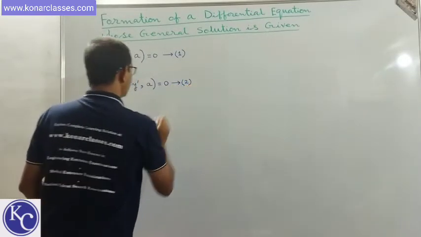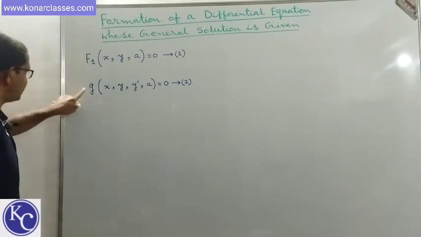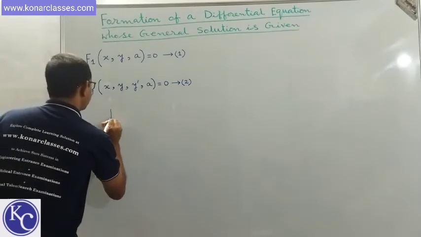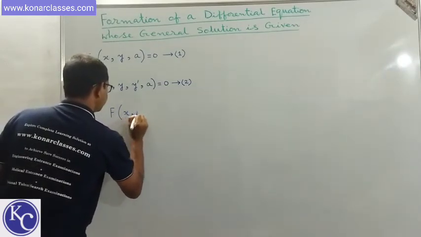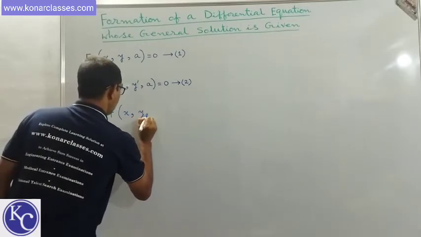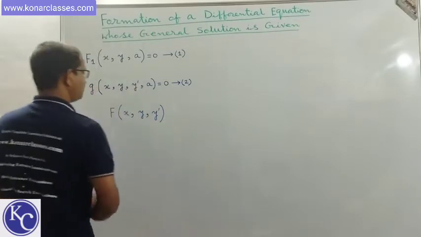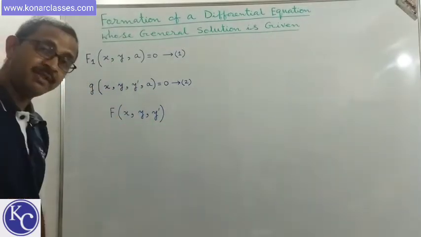After that, we will solve these two equations, equation 1 and equation 2, to get an equation something like this: f, which will contain the independent variable x, the dependent variable y, and the differentiation of the dependent variable y with respect to x.